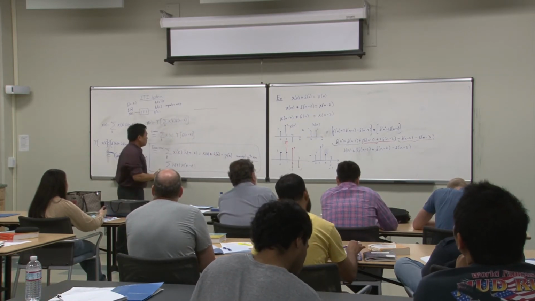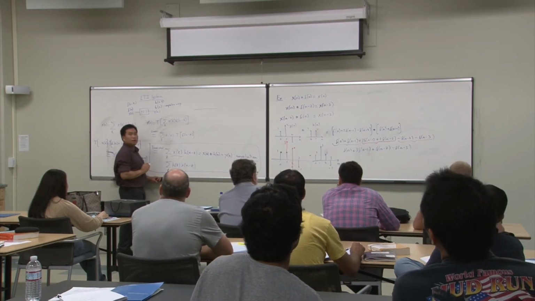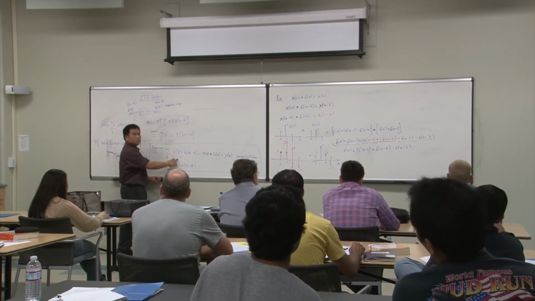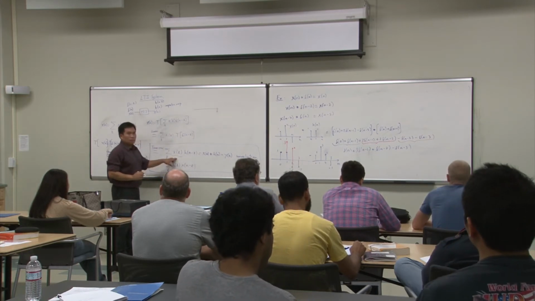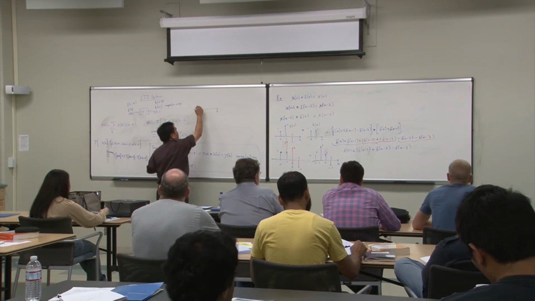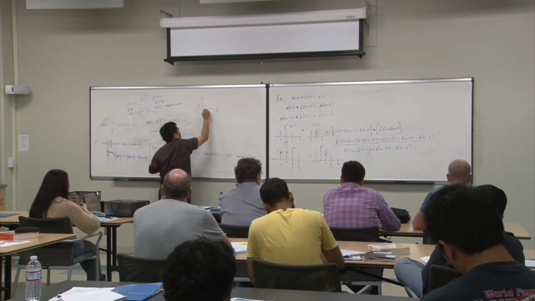What it means here is that I'm going to fix the first sequence. So this is k. The first sequence is 1, 2, minus 1.